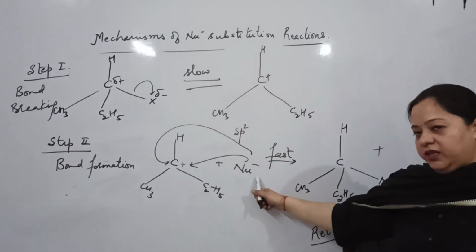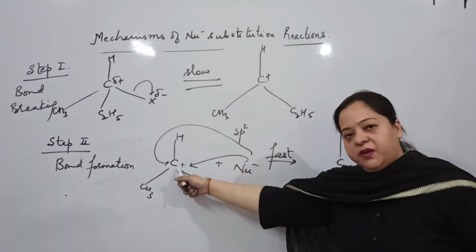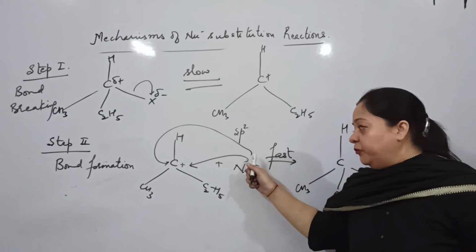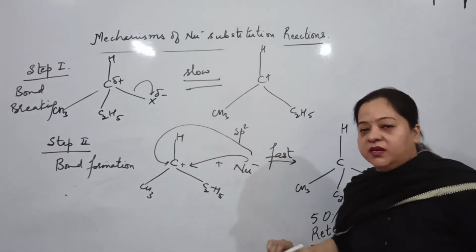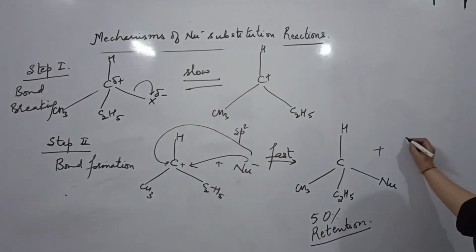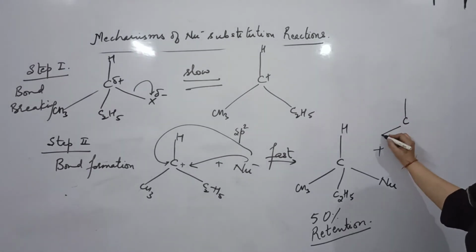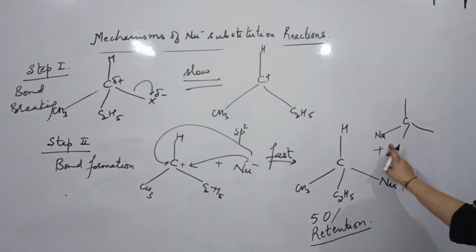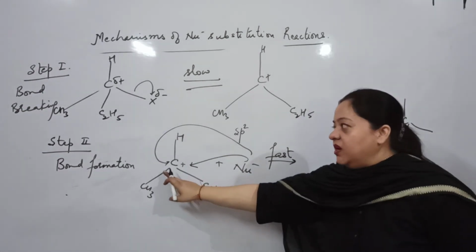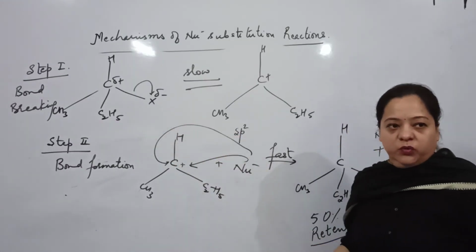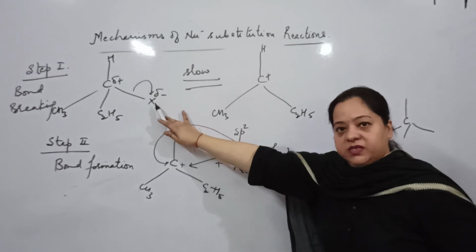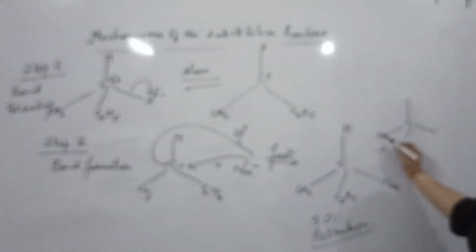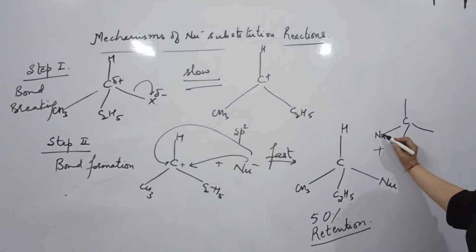The nucleophilic attack on this carbon carrying positive charge on the carbocation intermediate has 50% probability from the rear side, and when there is 50% attack from the rear side, then the nucleophile will occupy the position which is mirror image position to the leaving group. As in this case, the leaving group is leaving from the right side. The nucleophile will occupy the position on the left side.